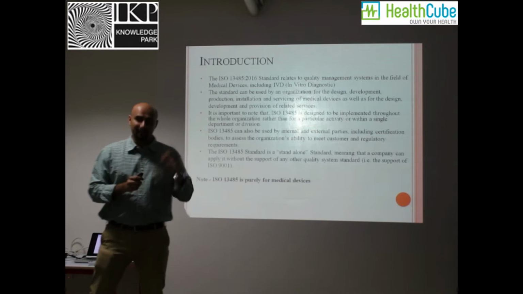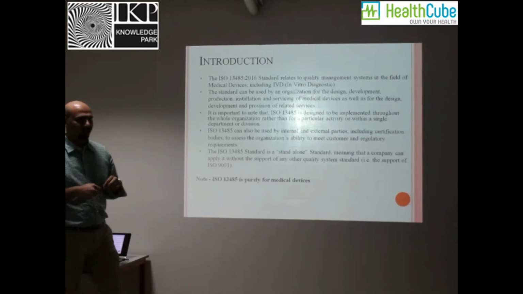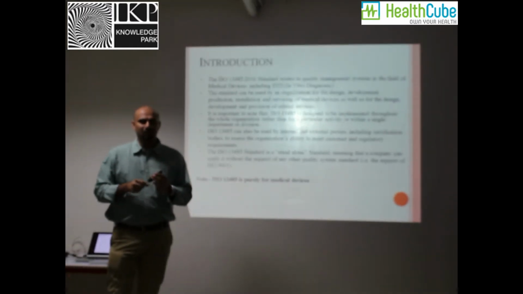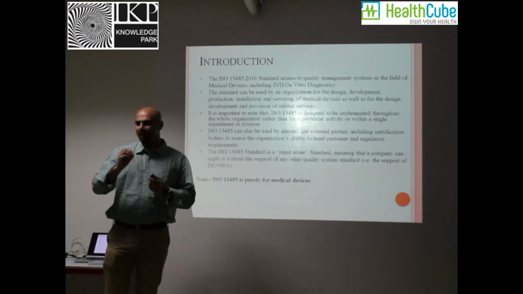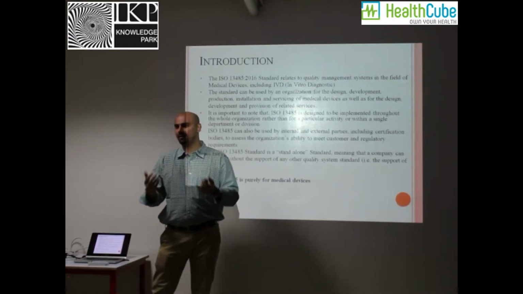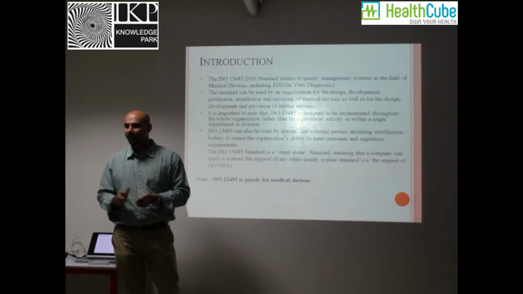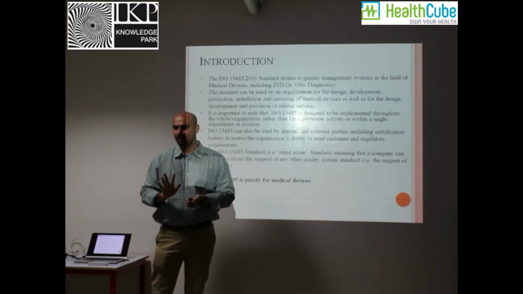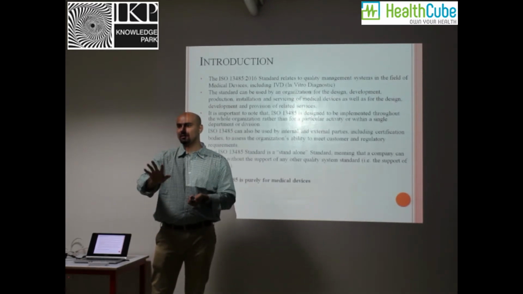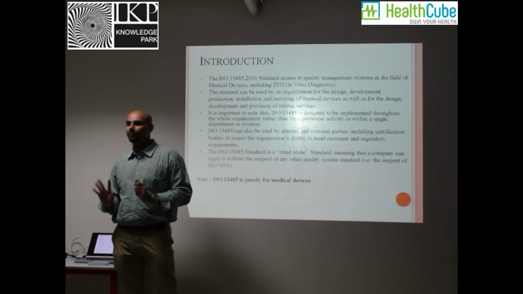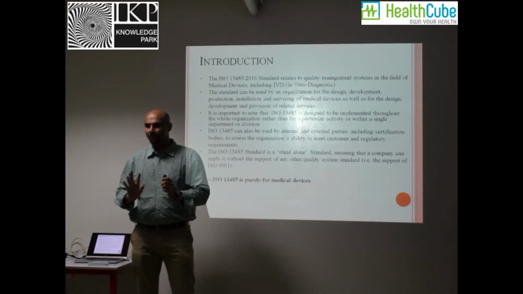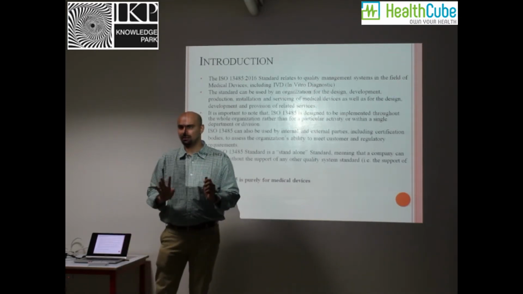Another thing is, and I'll talk about that later also, the most important thing is when an organization says that it's a 13485 certified company, it's for the company. That means your organization gets certified to 13485. Okay? It's not for the product.